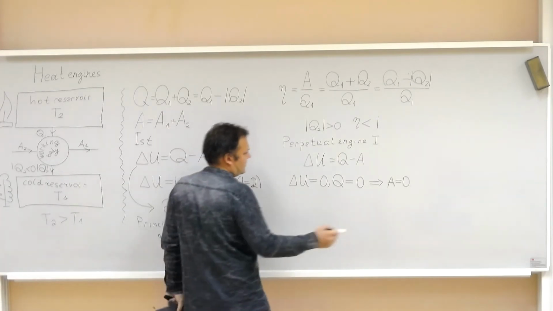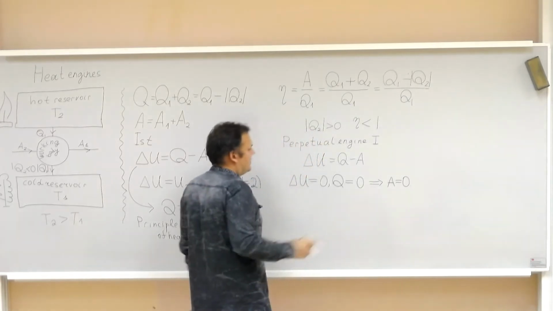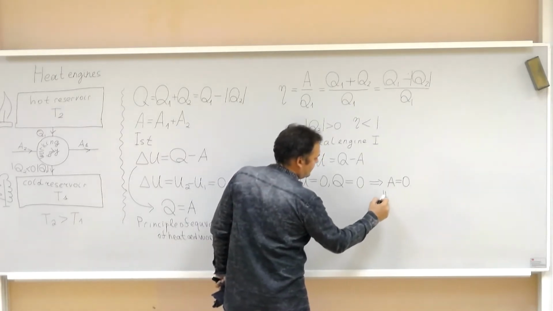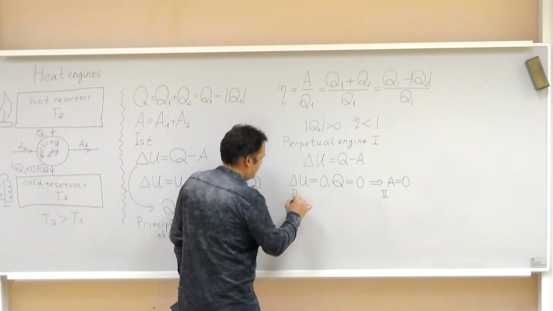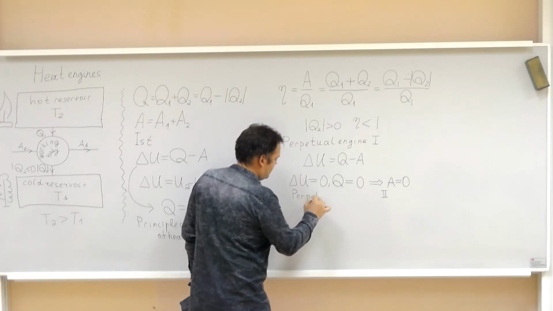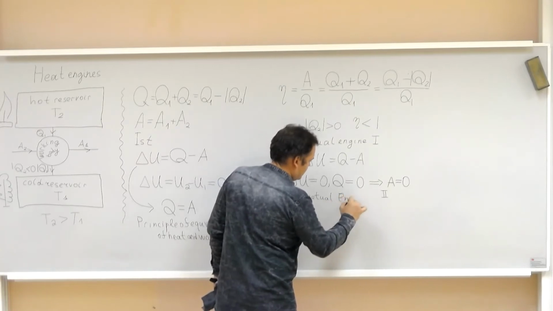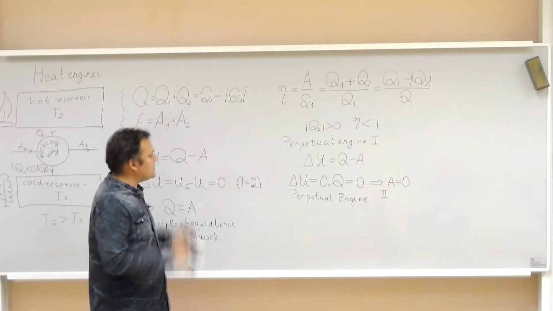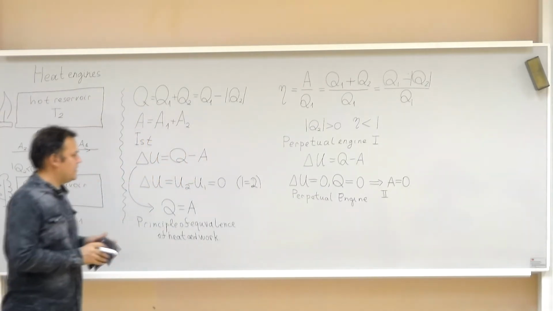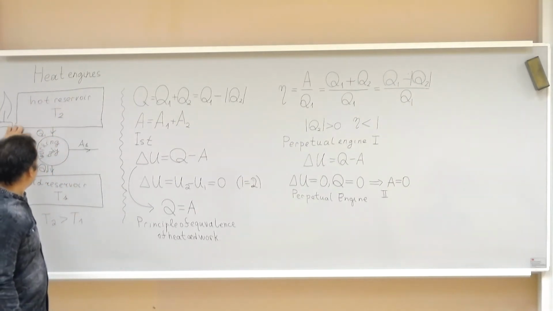And let us consider the perpetual engine of the second type. This is a system that converts all the heat obtained from the hot reservoir into work.